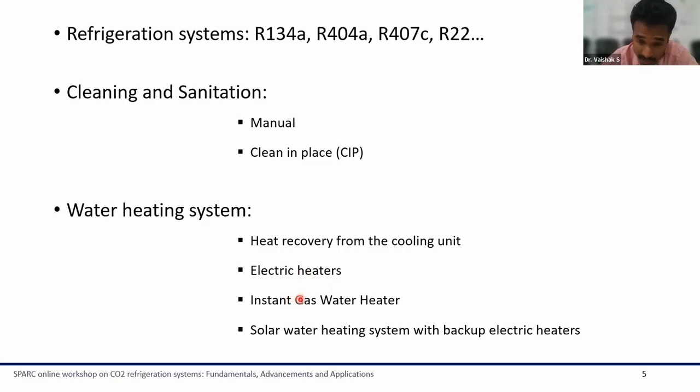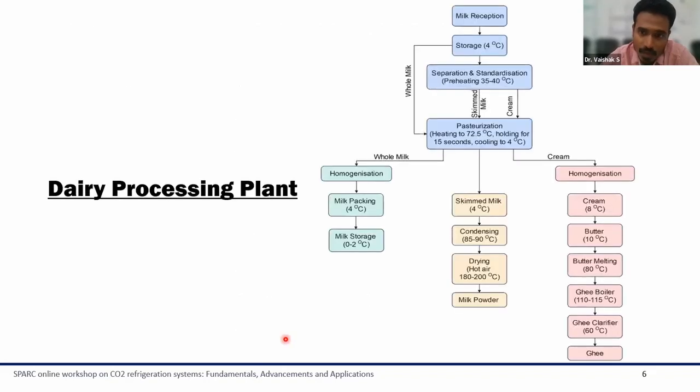Instant gas heaters are also used, and in some cases solar water heaters with backup electric heaters are also used for this particular application. So coming to the dairy processing application, here is the dairy processing plant.